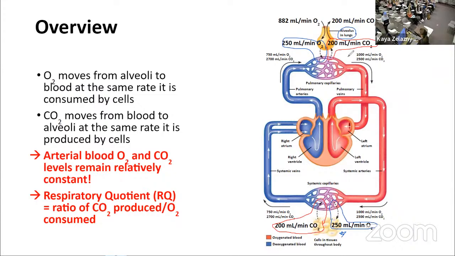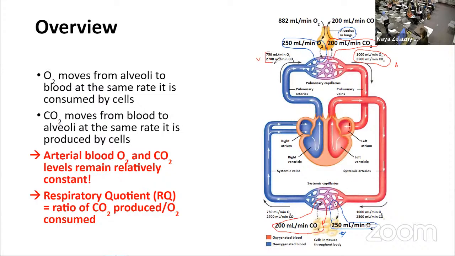So when I say we're keeping levels constant, what I mean is that in the arteries, we're going to expect 1,000 milliliters per minute of oxygen and 2,500 milliliters per minute of carbon dioxide. In a vein, we'll have different levels. Our oxygen will be lower because we removed oxygen at the tissue.